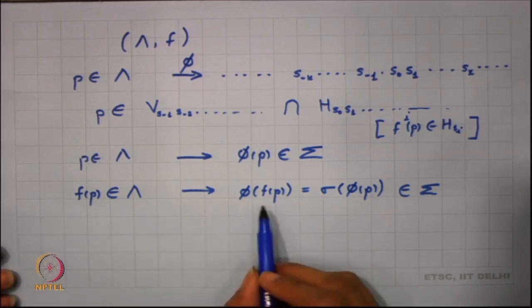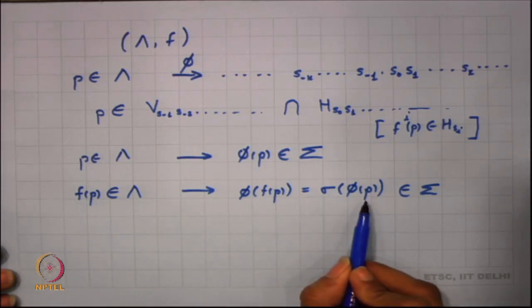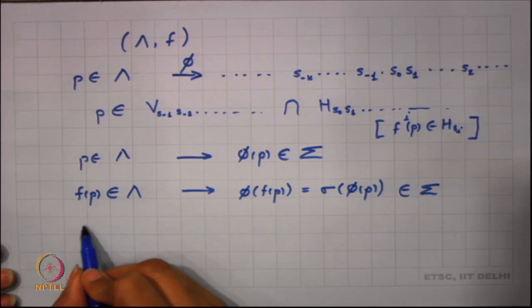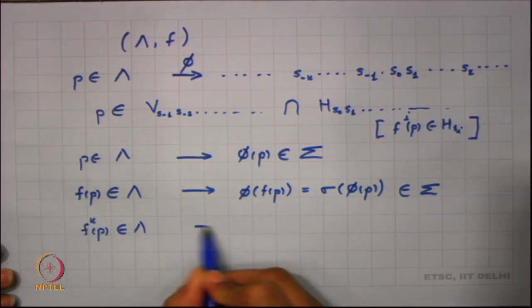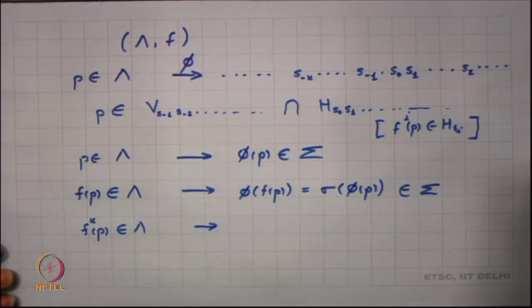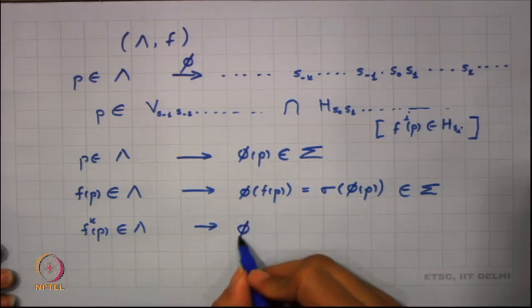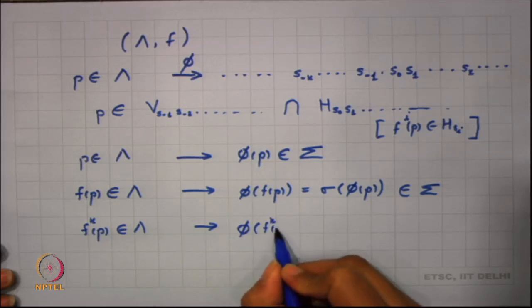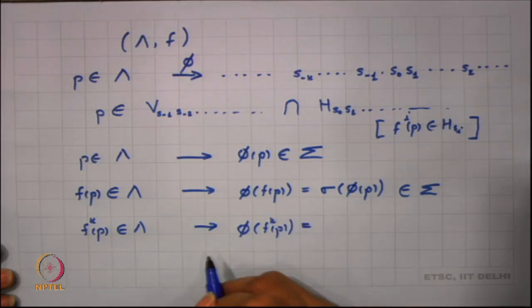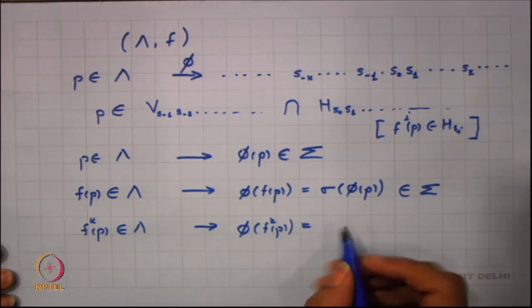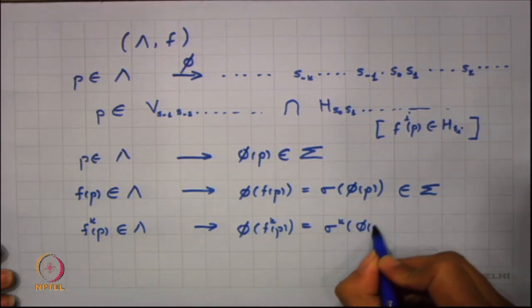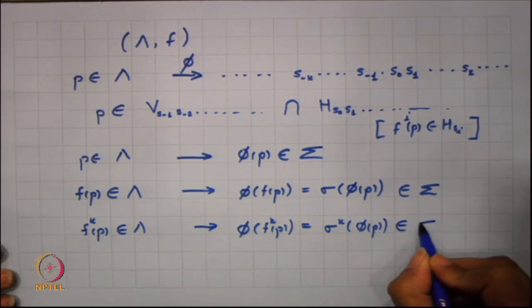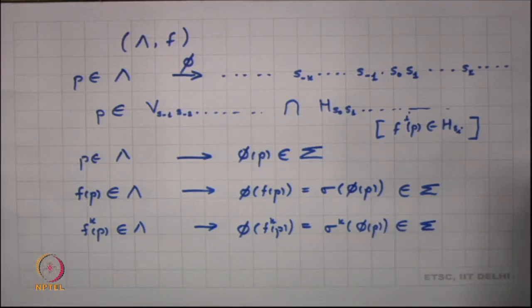So, phi of Fp is the same as sigma phi p, and I can simply say that F^k p belonging to lambda corresponds to the image phi of F^k p, which is equal to sigma^k phi p, belonging to sigma.